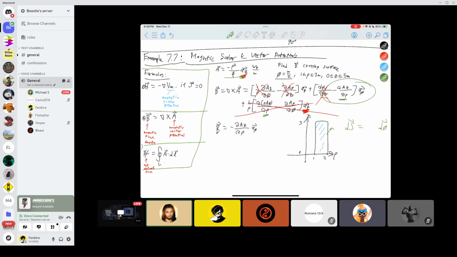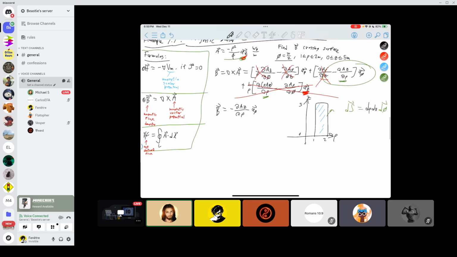So for our ds, we need to find the surface area integral that has phi as our constant, in cylindrical coordinates, and that happens to be d rho dz. That's where the book gets that as well.